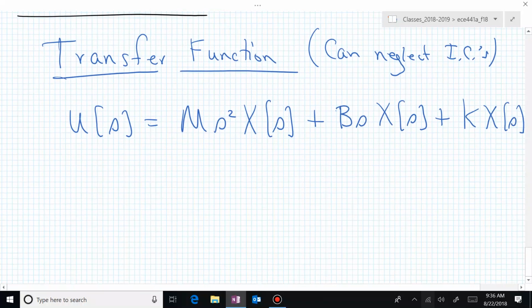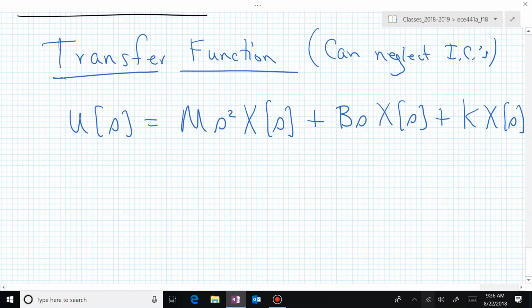To find the transfer function, we really are looking at a ratio of Laplace transformed quantities or signals. And here we really just have two signals that have been Laplace transformed. The driving force, the applied force, its Laplace transform is capital U of s. That's really the input.